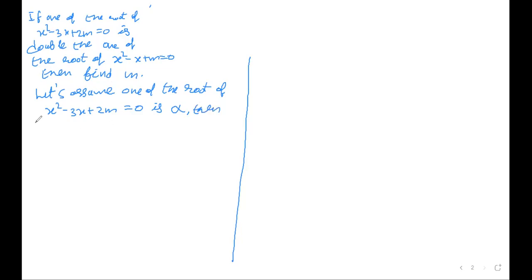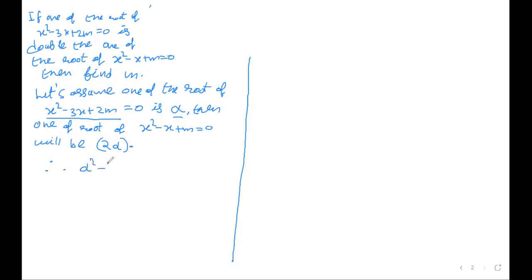Then one of the roots of the second equation, x square minus x plus m equals 0, will be 2 alpha. So alpha will satisfy the first equation. Is that clear to you?